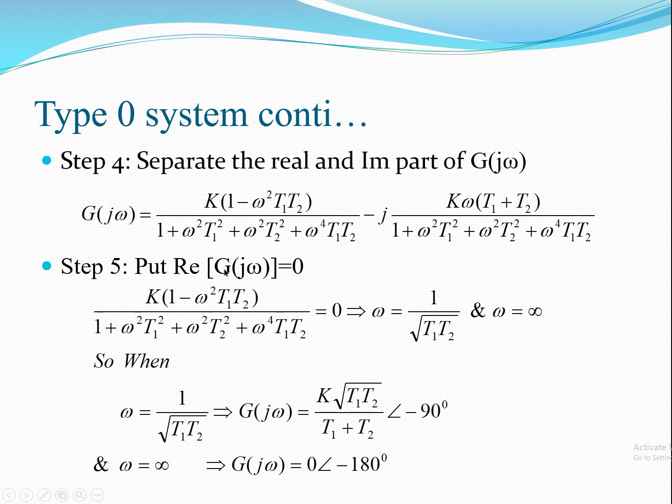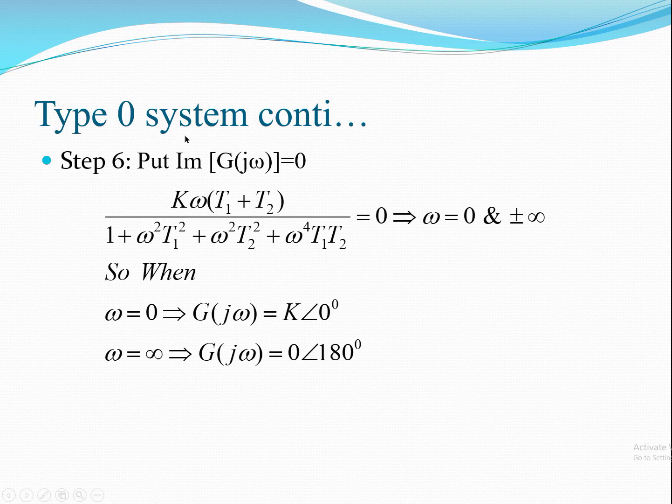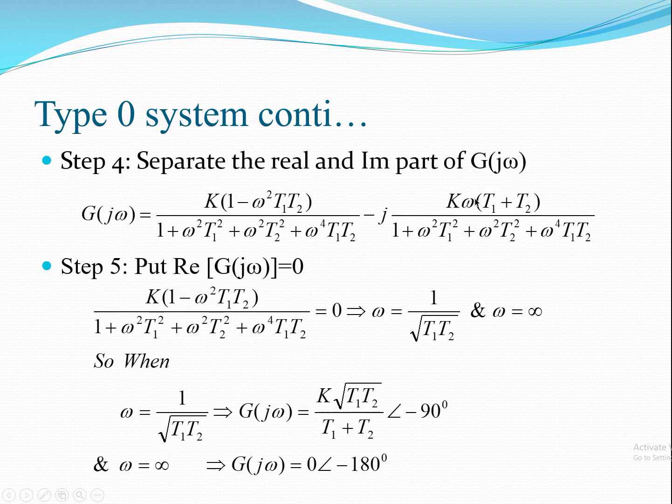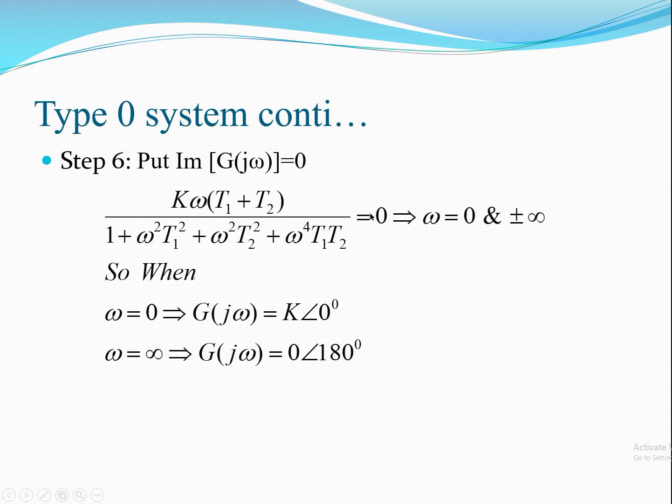In the next step, what we have to do? We have to put the imaginary part equal to 0. What is the imaginary part? K omega (t1 plus t2, 1 plus omega squared t1 plus omega squared t2 plus omega raised to 4 t1 into...). Okay, we have to put it equal to 0. So again this whole term is going to be 0 if I am putting 0 over here.